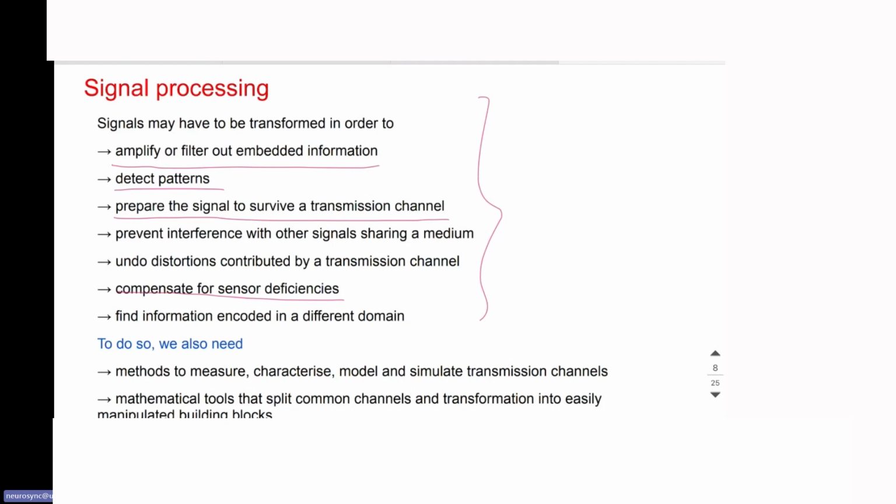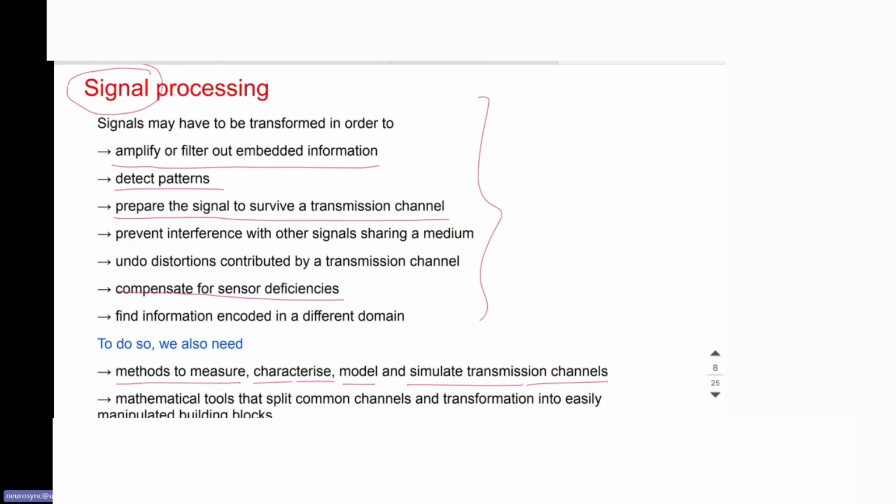So all these are where we can get transformed information from a particular signal. The signal will come from some system or some network, and then we are processing that. Now to do this signal processing, we also need a method to measure, to characterize, to model and simulate the transmission channels.